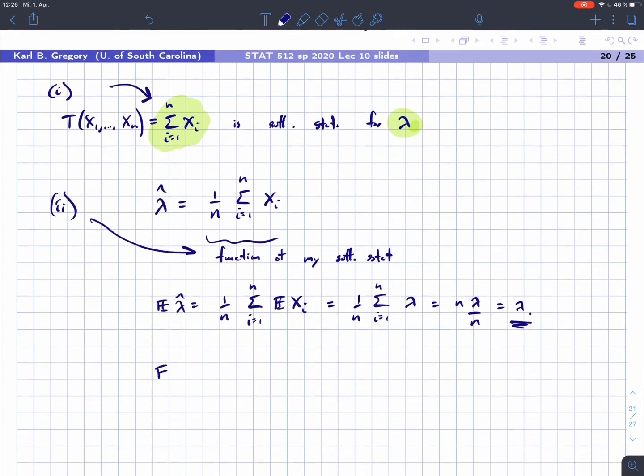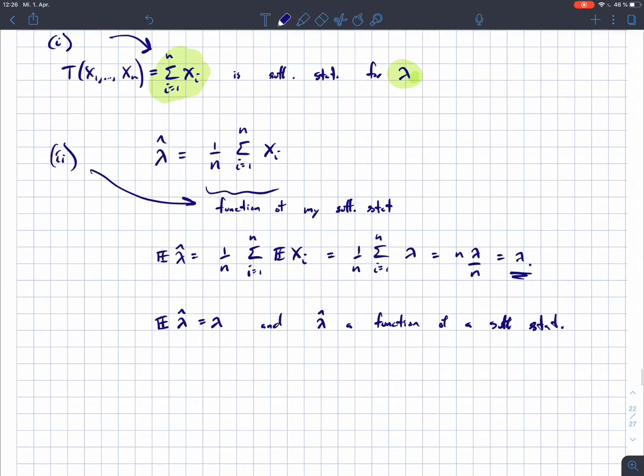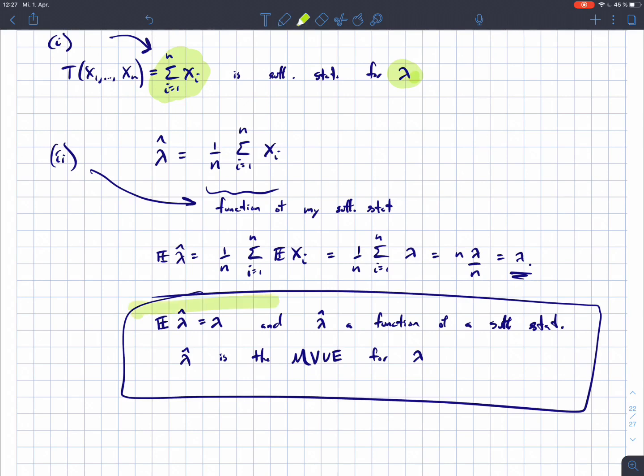So since I have expected value of lambda hat equals lambda, and lambda hat is a function of a sufficient statistic, I can say lambda hat is the minimum variance unbiased estimator for lambda. Okay. So that's how we find it.